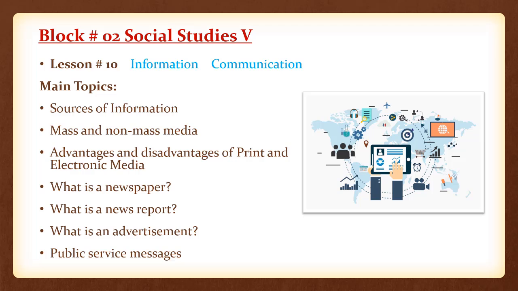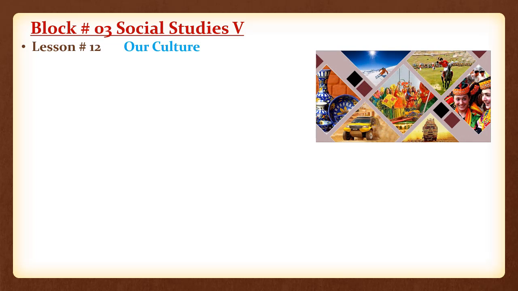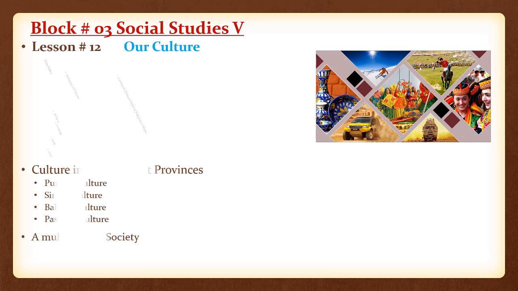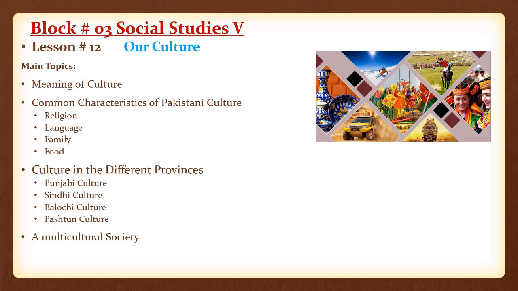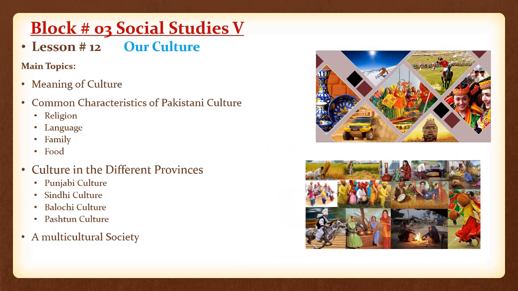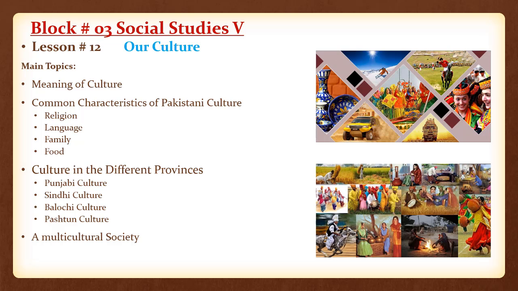Block number 3 and lesson number 12 will be our culture. This chapter will be very interactive and all students will enjoy it. The main topics will be like the meaning of culture, learning what makes our culture, common characteristics of Pakistani culture: religion, language, family, food, culture in the different provinces, Punjabi culture, Sindhi culture, Baluchi culture, Pushtun culture.